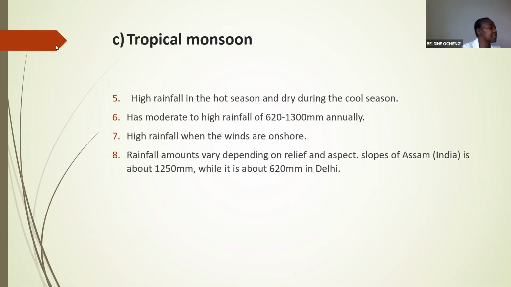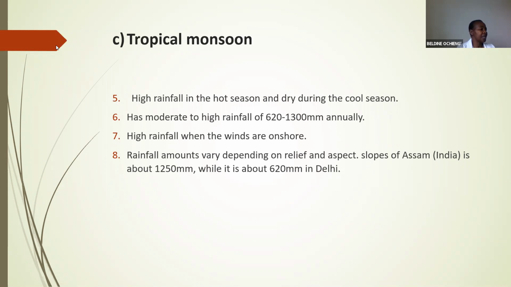Rainfall amount varies depending on relief and aspect. Slopes of Assam in India is about 1250 millimeters. Rainfall depends on relief and aspects. When we talk of aspects, we know what happens on the leeward side. Windward would receive high rainfall, but the leeward side would receive little or no rainfall.